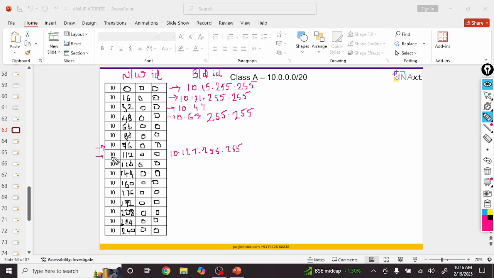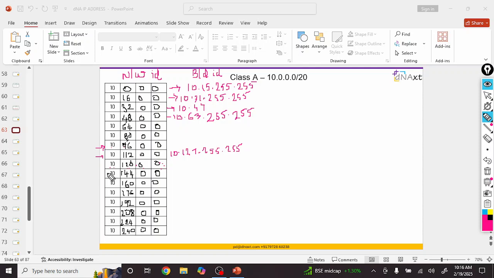The first valid host over here will be 10.112.0.1 and the last valid host will be 10.127.255.254. Then here it will be 10.143.0.0. Sorry, 10.143.255.255 will be the broadcast ID. The last valid host will be 10.143.255.254.